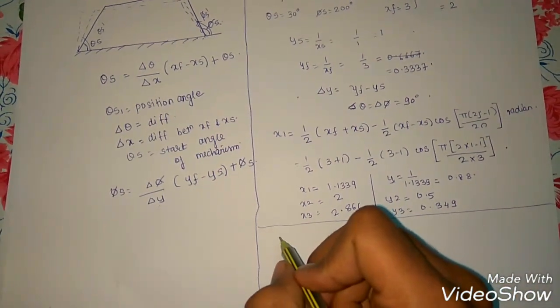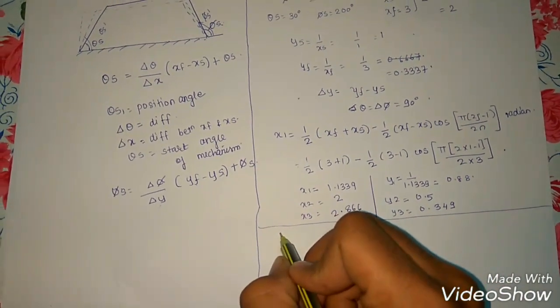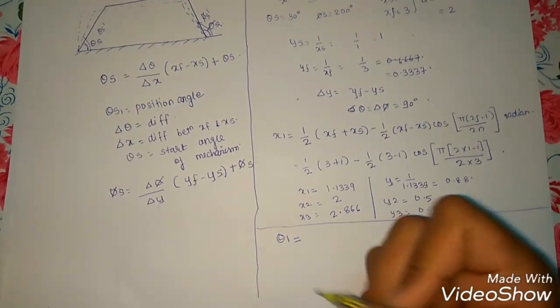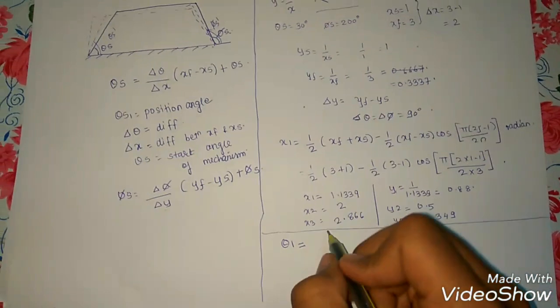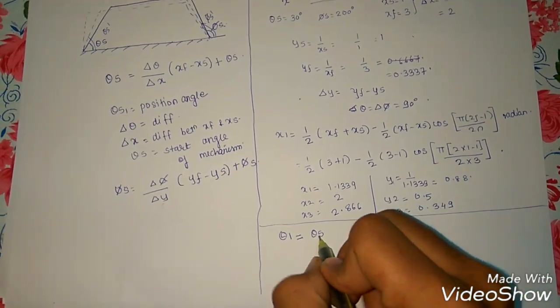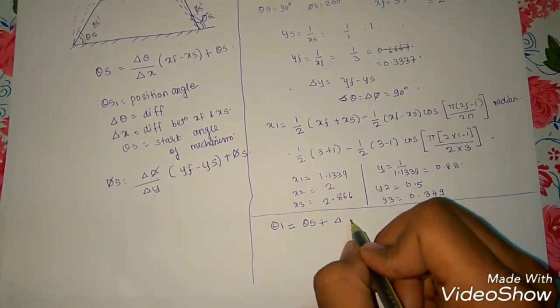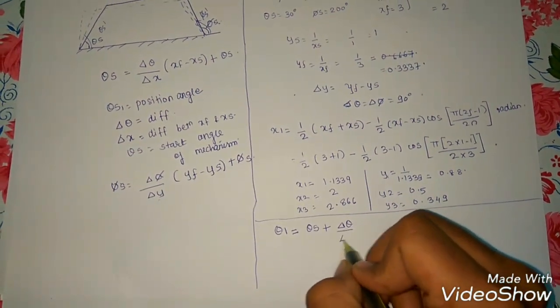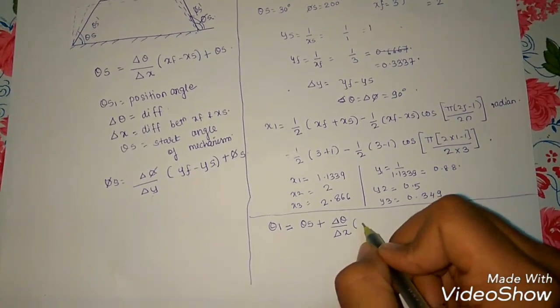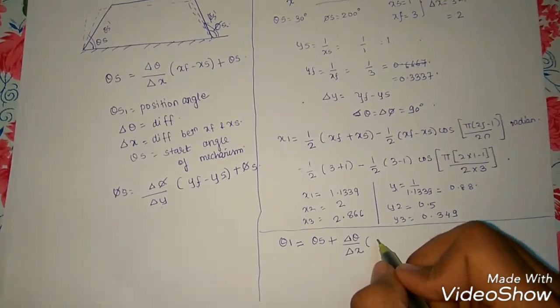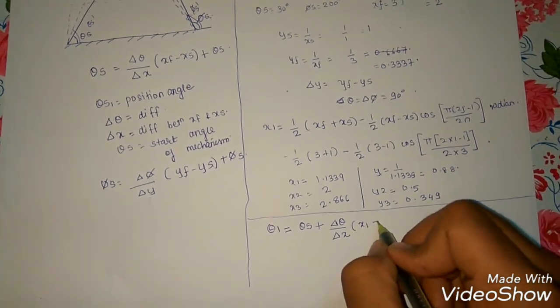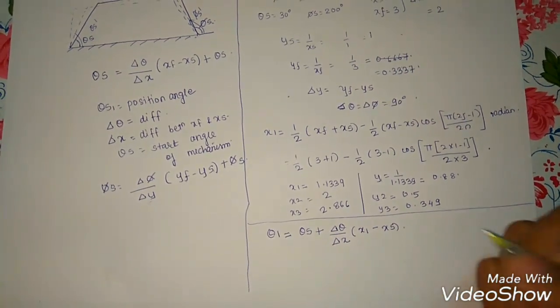Let's go towards finding the angles. Theta 1, as per the formula, was theta s, the start angle, plus del theta upon del x, bracket, x1 minus the start position, always.